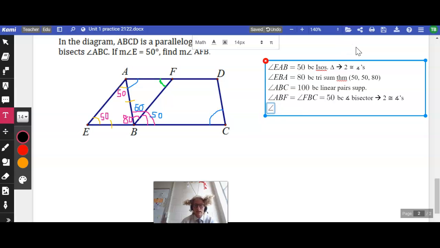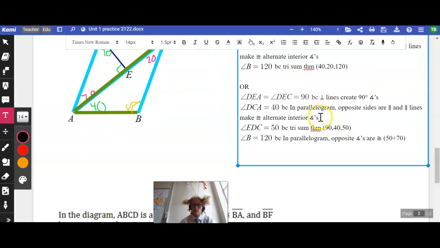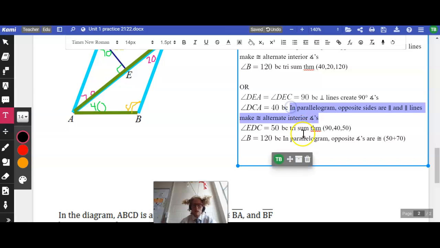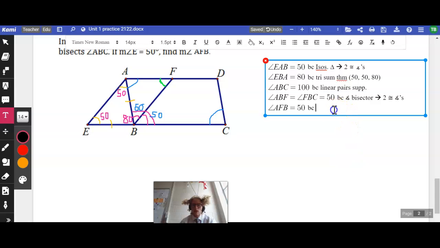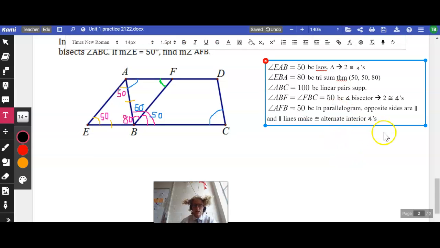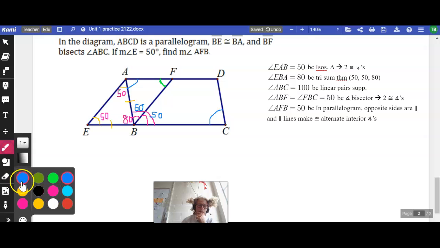So angle AFB equals 50 because, and I could just copy my answer from above, in a parallelogram, opposite sides are parallel, and parallel lines make congruent alternate interior angles. Boom, done. I found angle AFB. So I could put a little 50 in there, and I win.